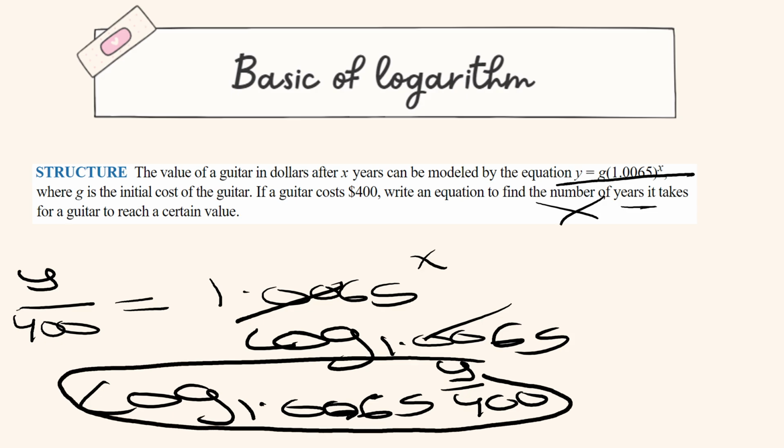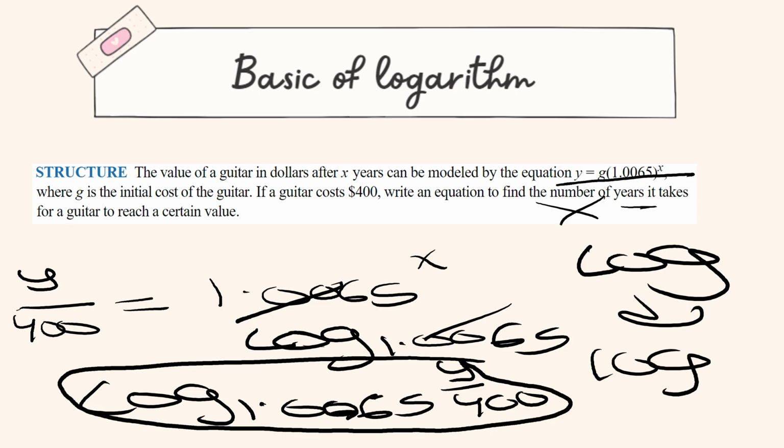I just inserted log 1.0065, which is the base. This is the base of the log. When you see log by its own, it means the base is 10, because you have different types of log.